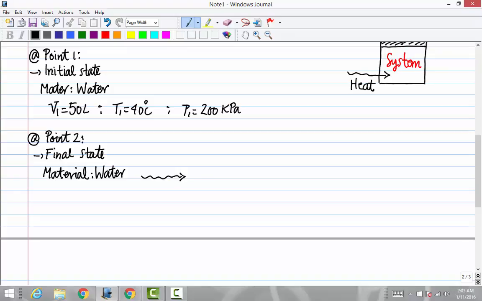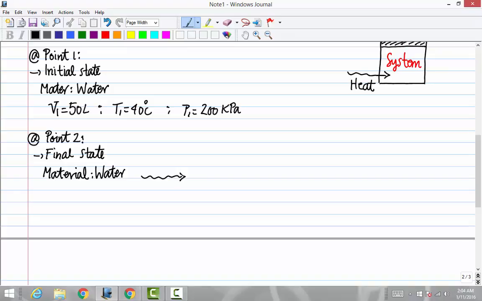So we need to pay attention that as we warm up this water, it evaporates, and on the plot we're going to have a mixture of vapor and liquid, and we keep adding heat until the liquid is gone.